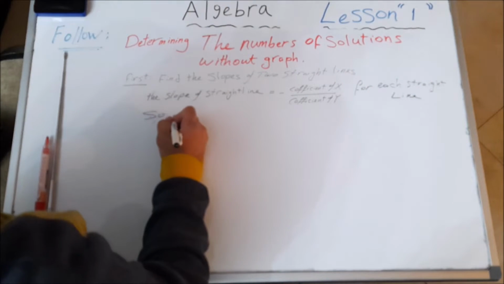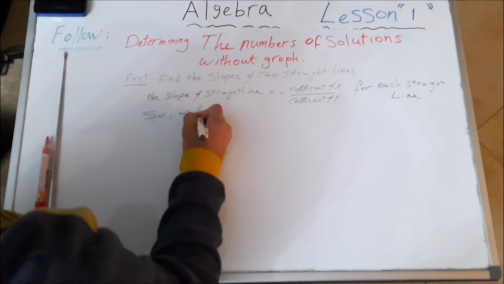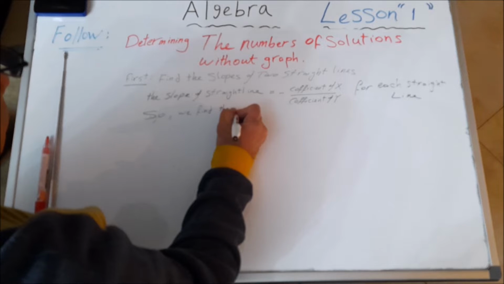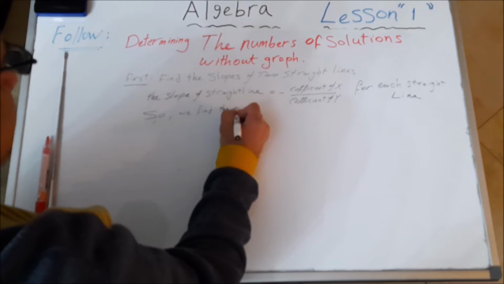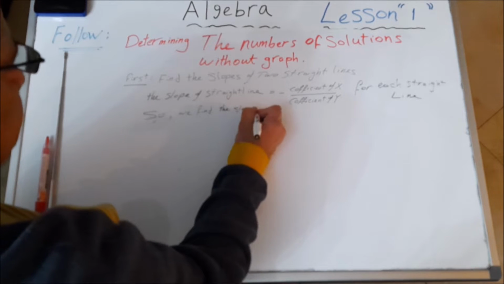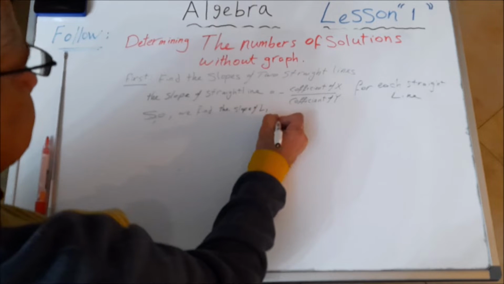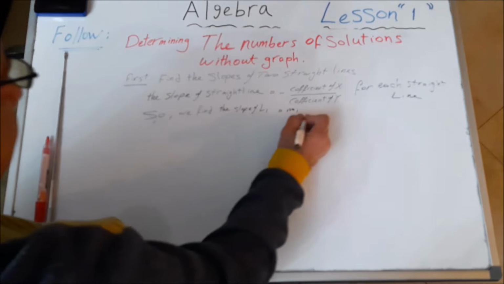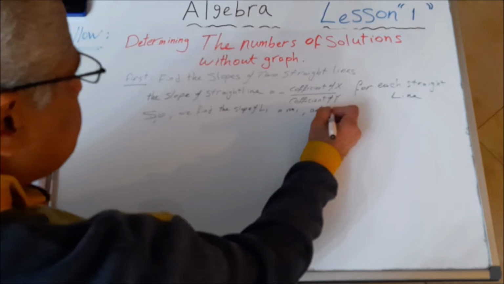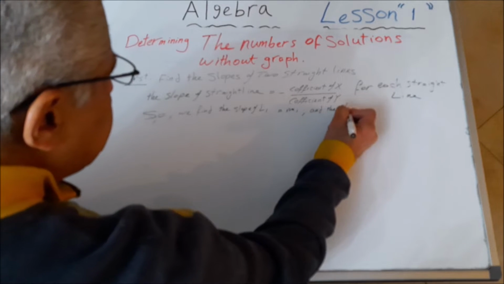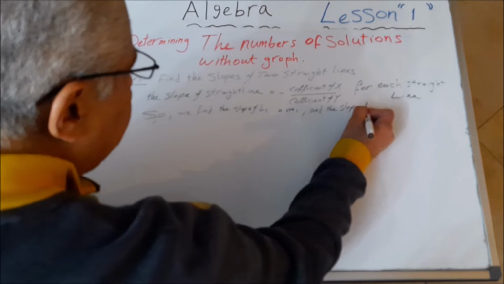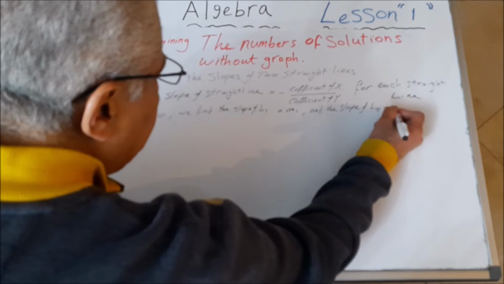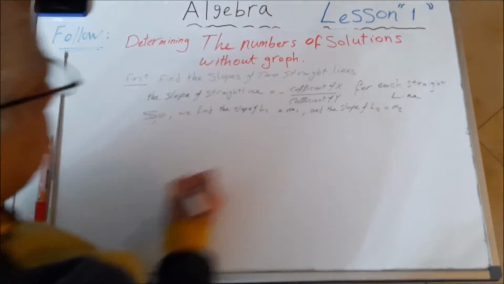So we find the slope of L1 now equal M1 and the slope of L2 now straight line 2 equal M2.